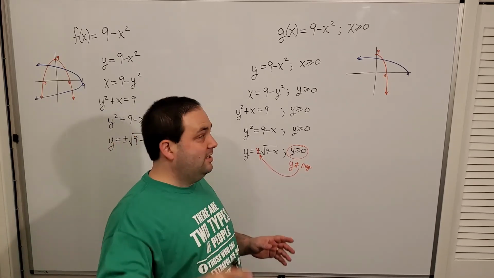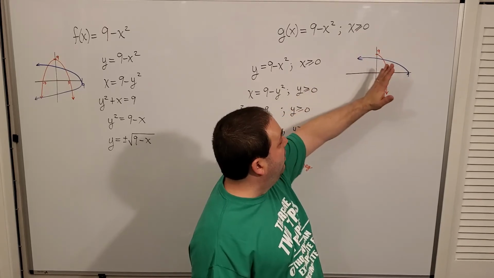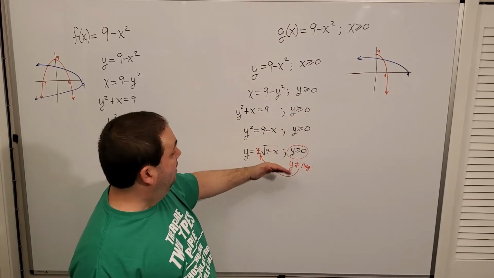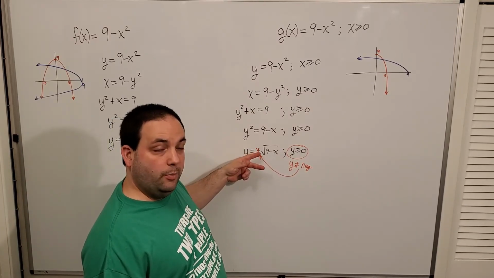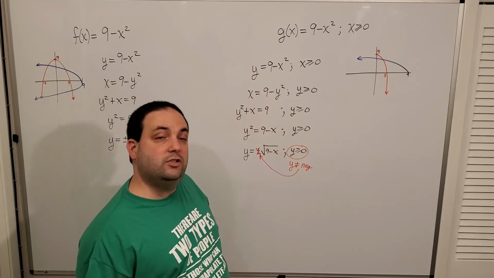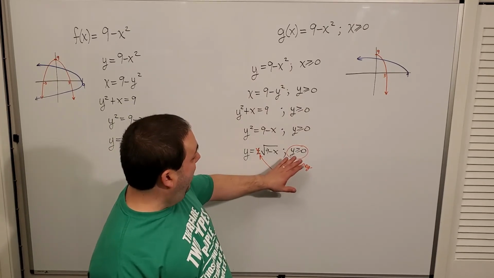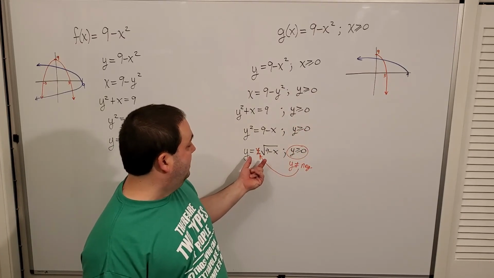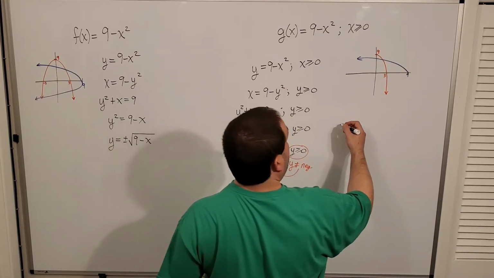Okay? So it was a decision. Back at the beginning, if I had picked x was less than 0 and only picked the left half, that would have followed. I would have only used the negative instead of only the positive in that case, and I would get the other function. It would still be a function though. Okay? So having this extra tidbit of a restriction does actually make a difference in the decision here, and I can actually write the inverse equation.